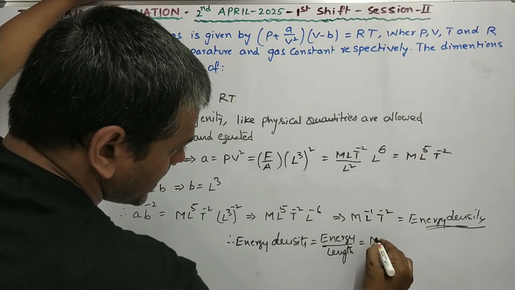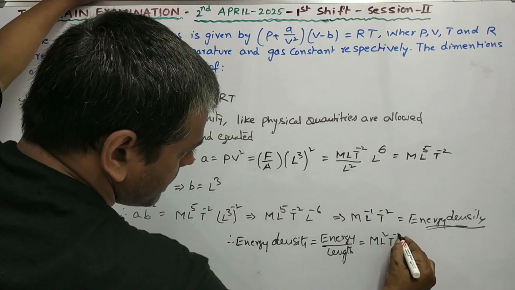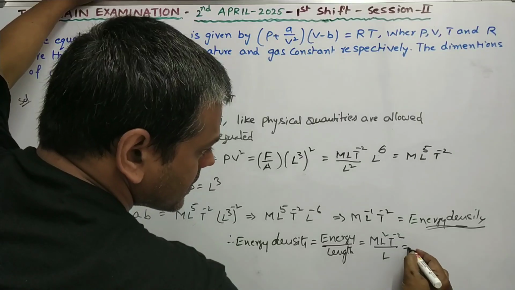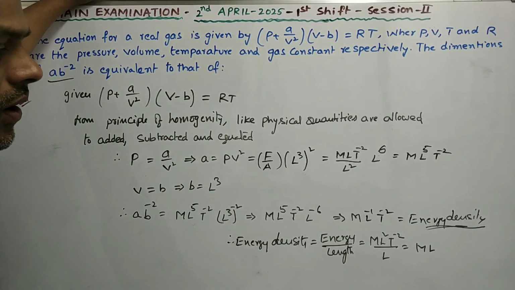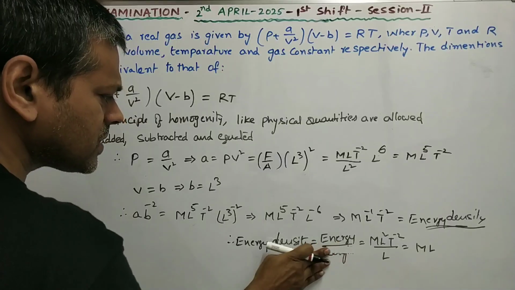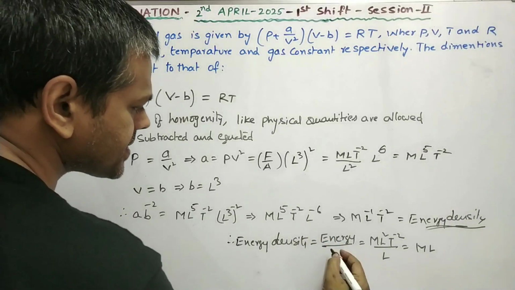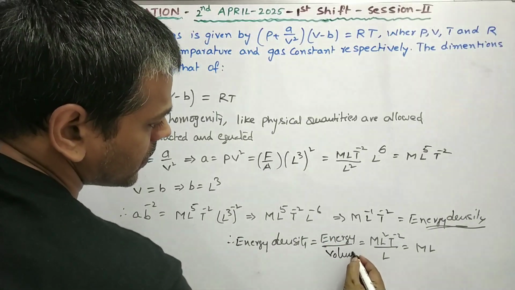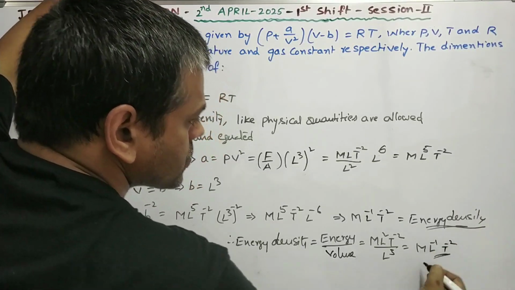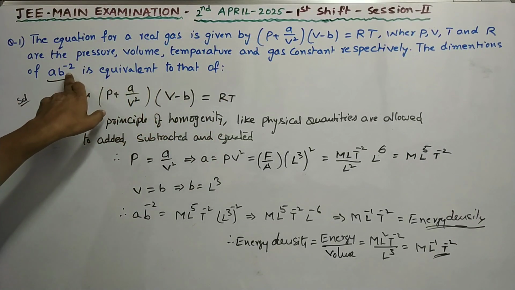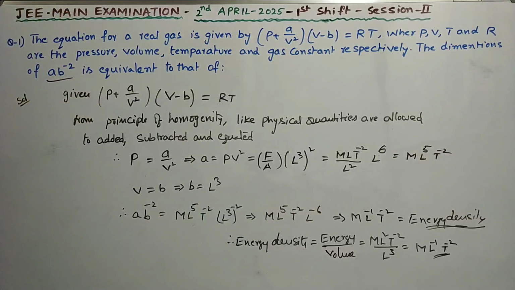What is the dimension of energy? M L square T power minus 2, by length L. So we get M, or energy per volume, whatever it may be. When it is three-dimensional, energy per volume, so it may be L cube. So L power minus 1 T power minus 2. So A into B power minus 2 represents energy density. Okay.